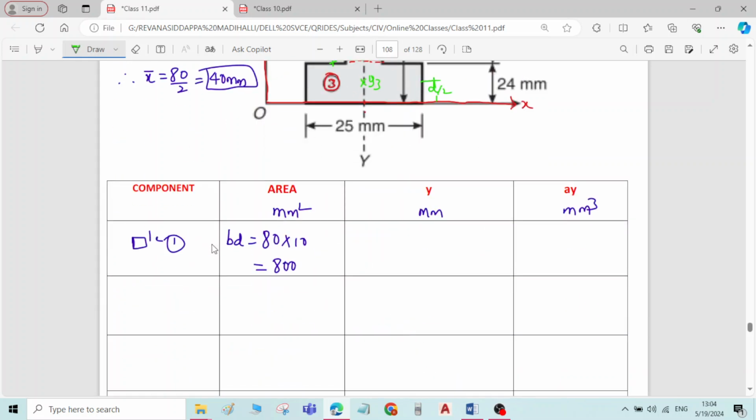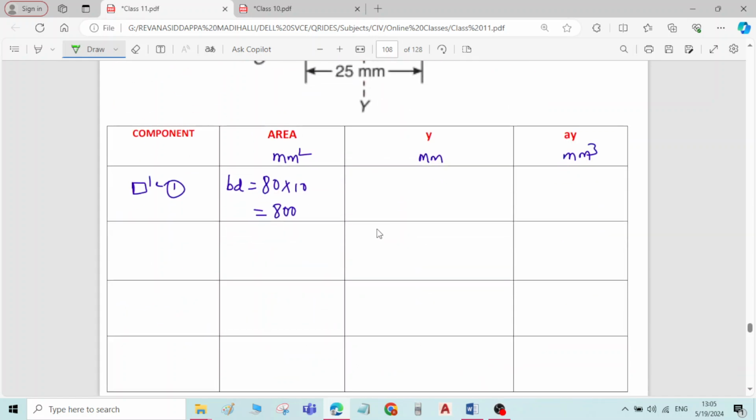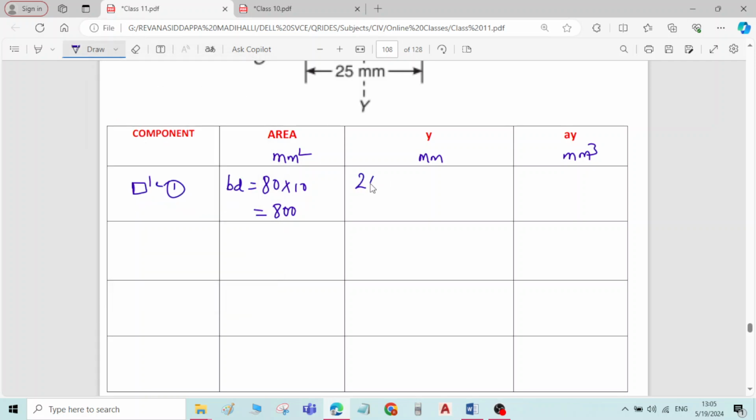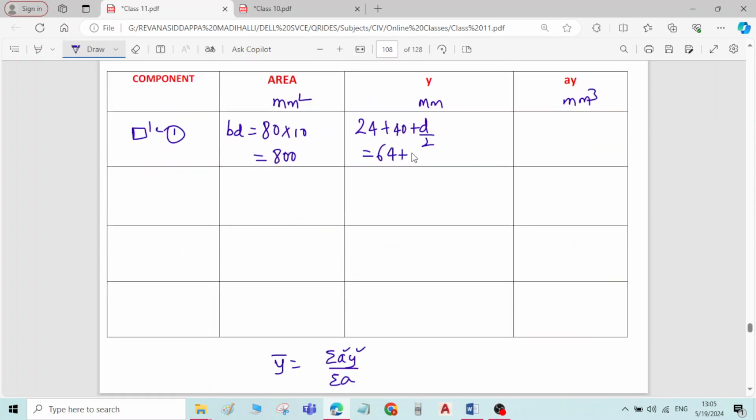Now for rectangle 1, y represents the distance of G1 from x-axis. So it is 24 plus 40 plus d by 2, which is equal to 64 plus 10 by 2. We will get 69 millimeter.